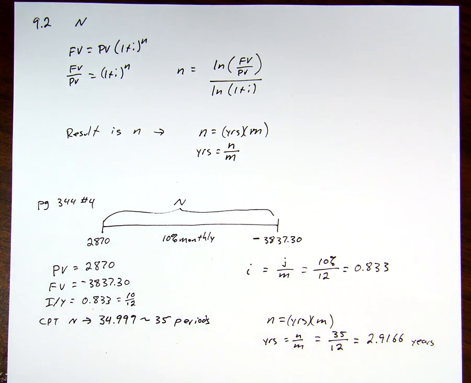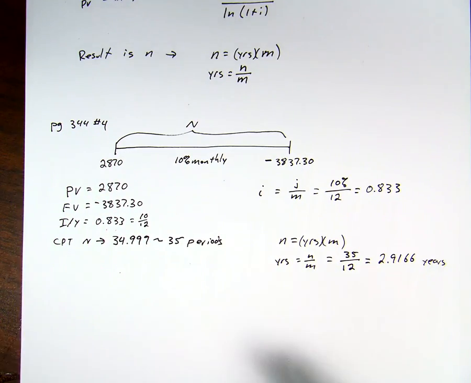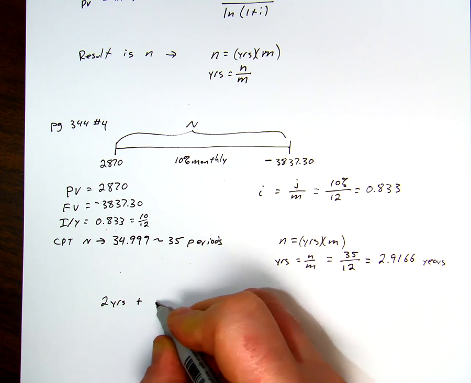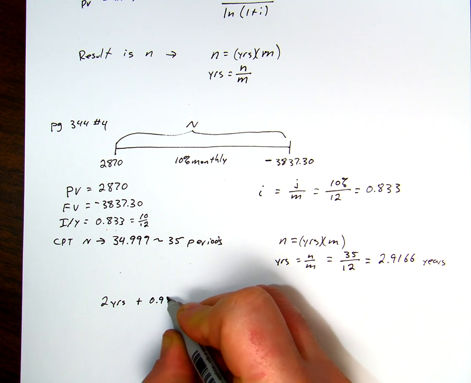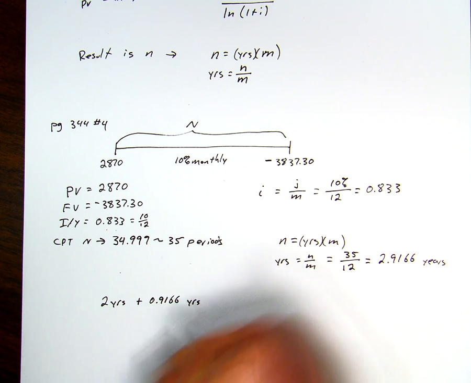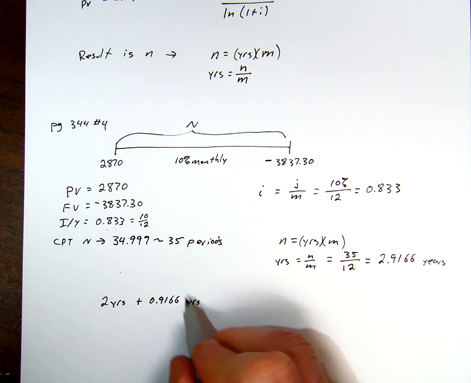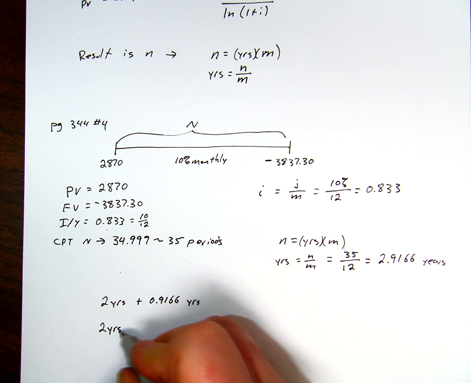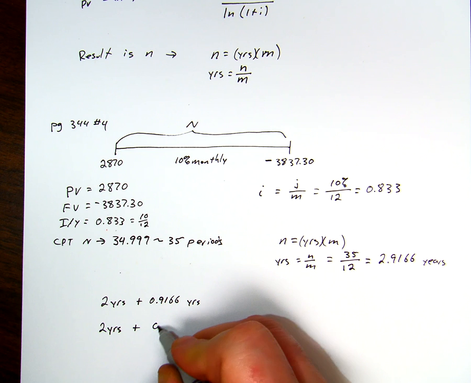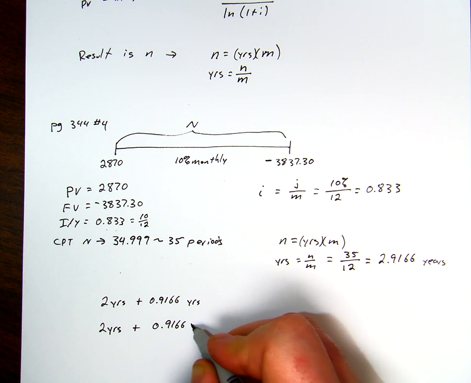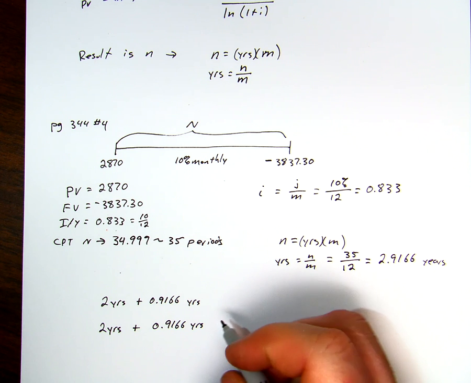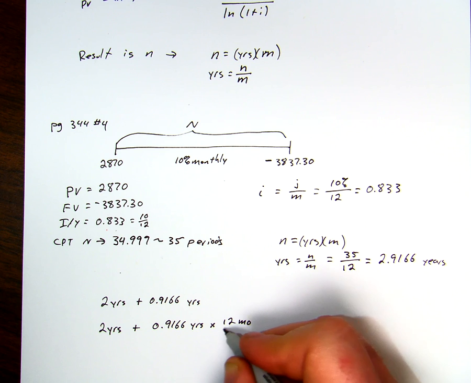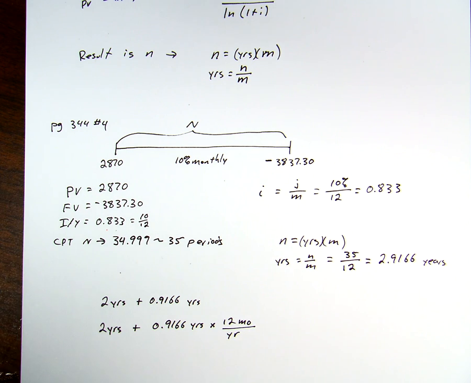If we want to convert this into total years and months, we would say this is 2 years and 0.9166 years. Then we can convert this value into months. So 2 years plus 0.9166 years times 12 months per year.